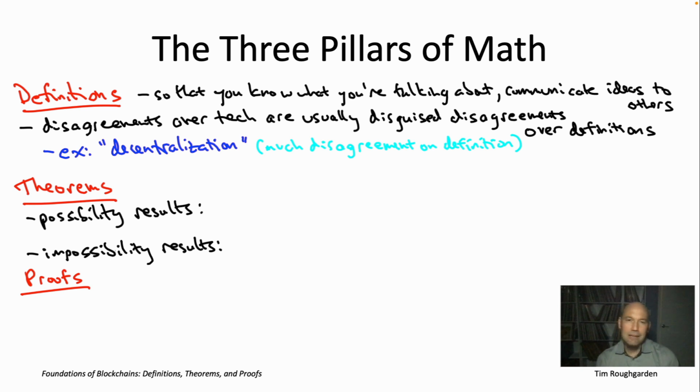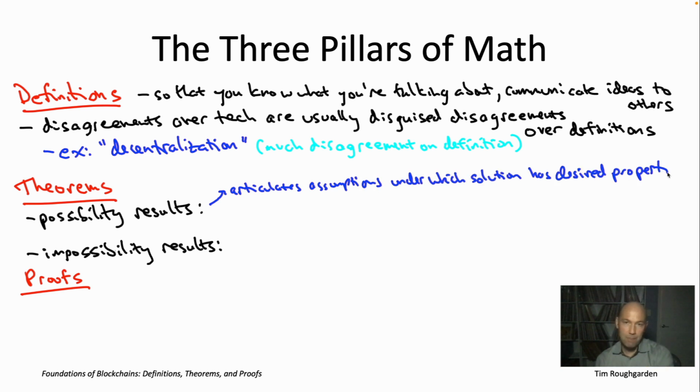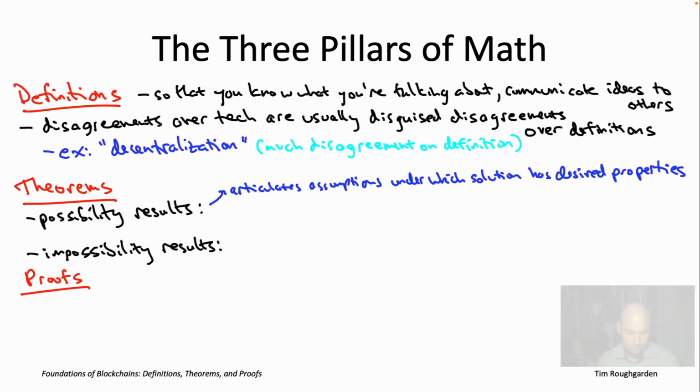And that's a canonical type of possibility result, right? It articulates our assumptions under which a specific solution has specific properties. So PKI, partially synchronous model, less than a third Byzantine, and then the properties are consistency and liveness.